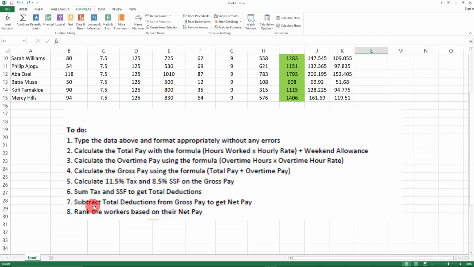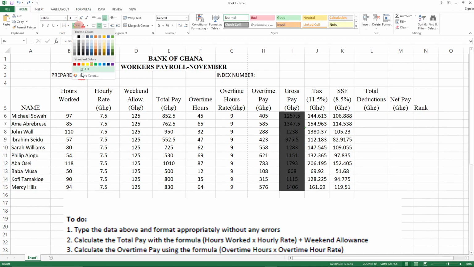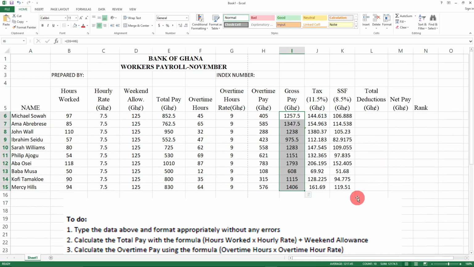The next question, which is number 6, says we should sum tax and SNET to get total deductions. So sum tax and SSF to get total deduction. So we are here. Let me clear this. We are done with it. So we should sum these two.